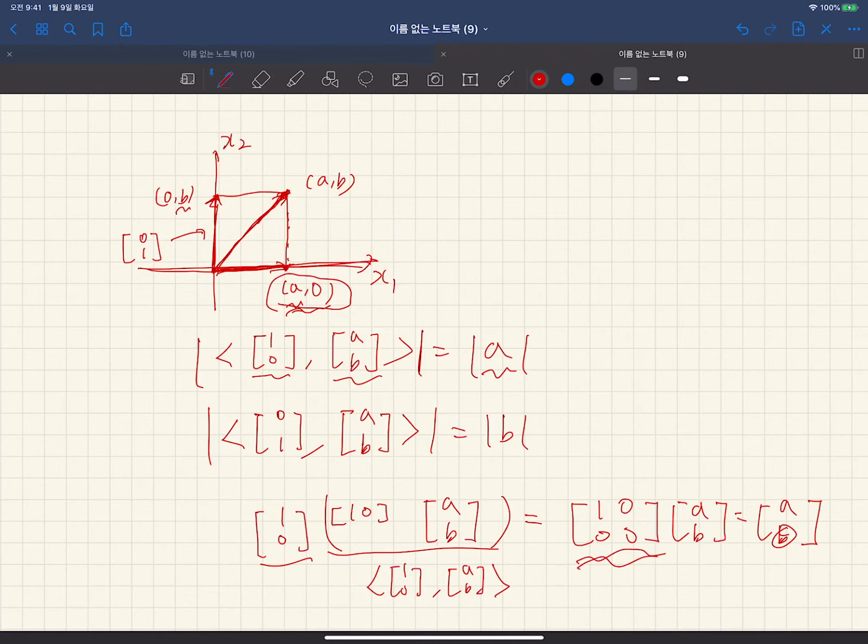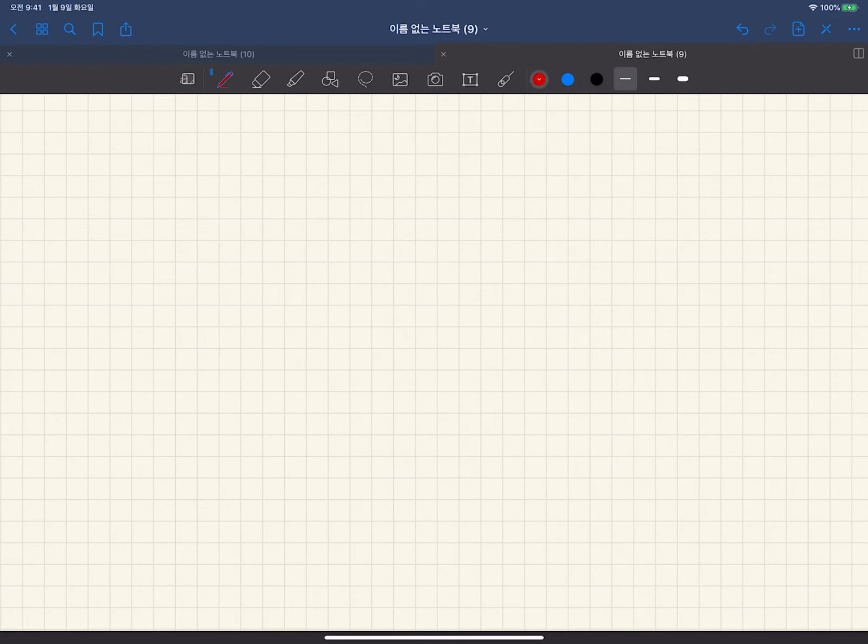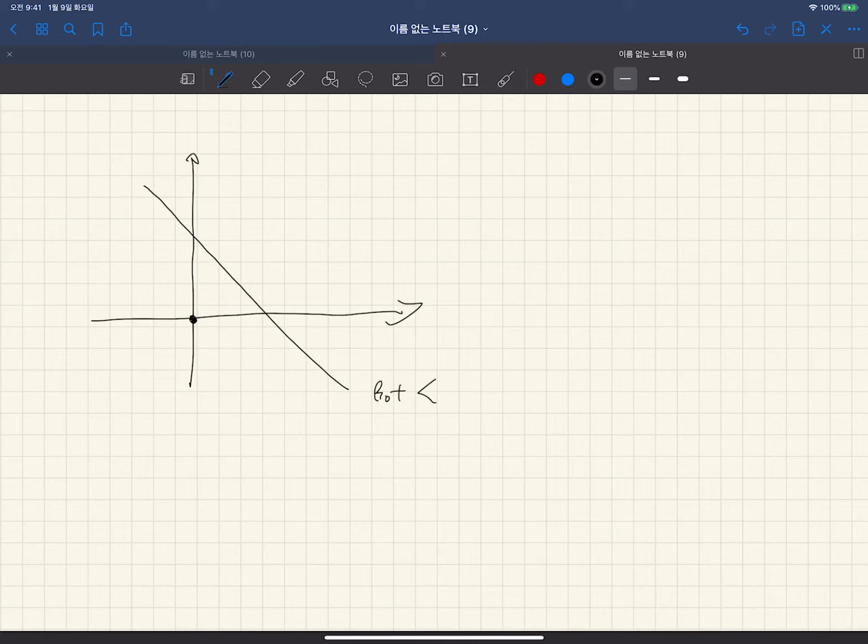Okay, so let's go back to the 2D space case. Why do I explain this? To understand the distance between the origin point and this subspace, this hyperplane, beta 0 plus the inner product of beta and x vector.